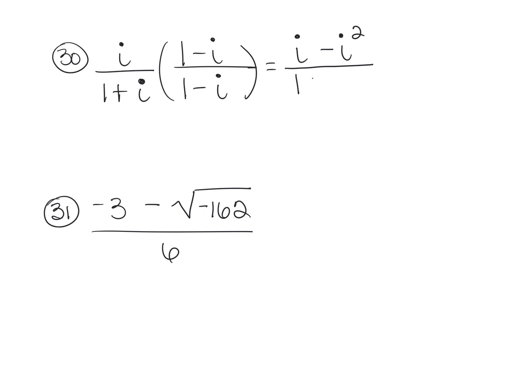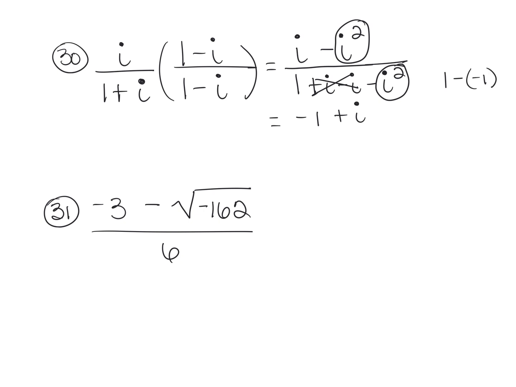Then I have positive i, then I have negative i, and then I have negative i squared. So those are gone, and that becomes negative 1s. So I have negative 1 plus i, switching the order to always put the real part first. And then in the denominator, I have 1 minus a negative 1. So that turns into 1 plus 1, which is 2. And that's my final answer on that one.